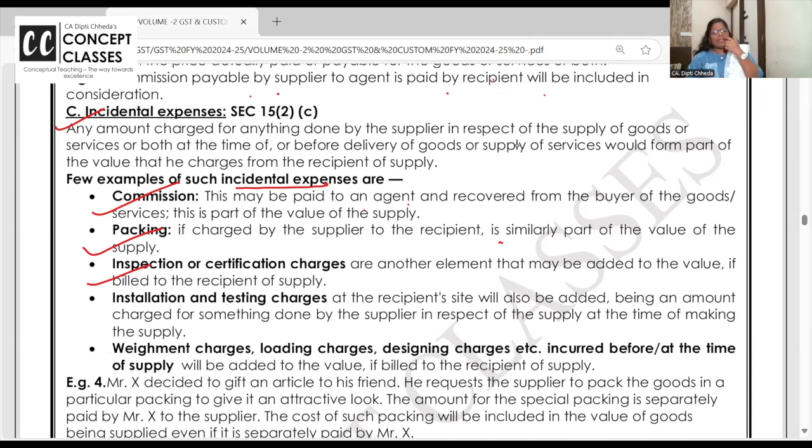Say you are manufacturing masalas, and for you I'm doing all the packing work, and we have to get the egg mark and all. So certification charges, installation and testing, weighing, loading, designing, other charges. So before the supply of goods and services, if some incidental expenses are incurred, add it.